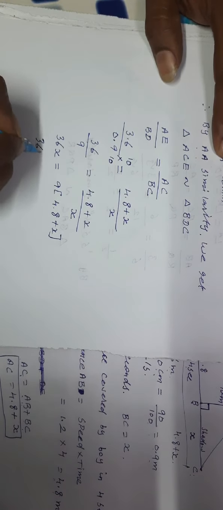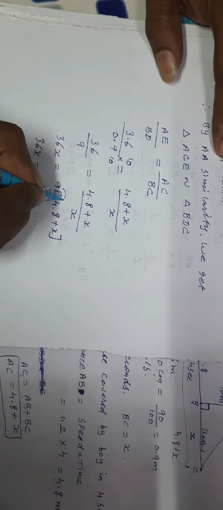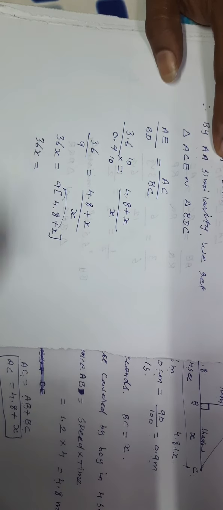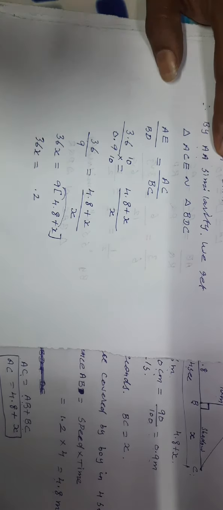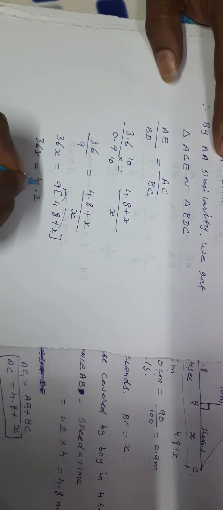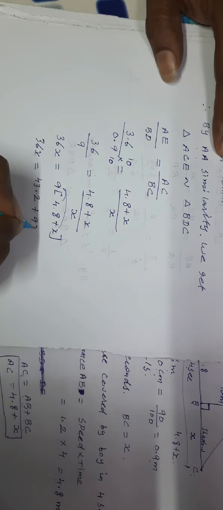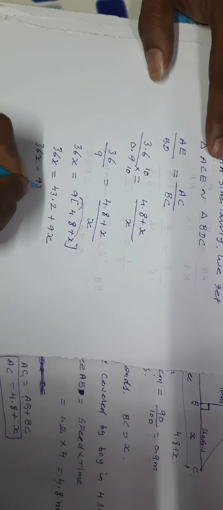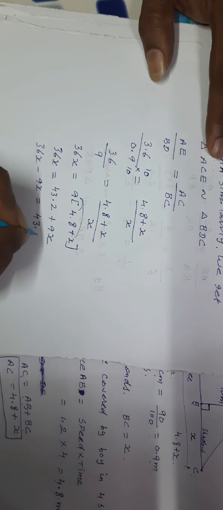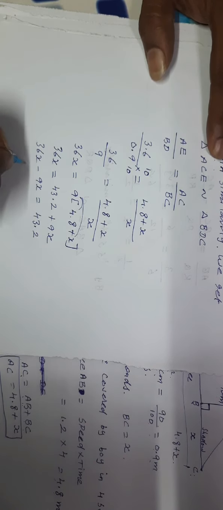Then multiply inside. We get 36X is equal to 9 multiplied inside, that is 43.2 plus 9X, and then 9X comes to this side as minus 9X. So 36X minus 9X, we get 27X is equal to 43.2.